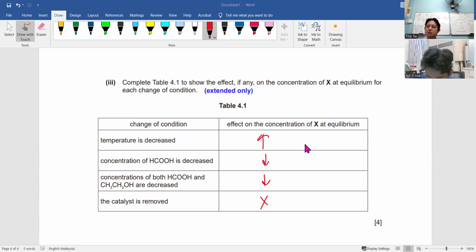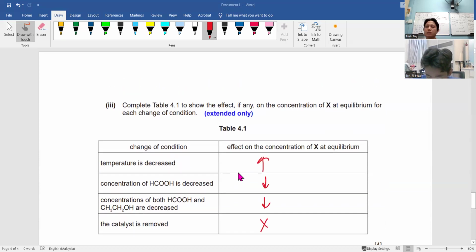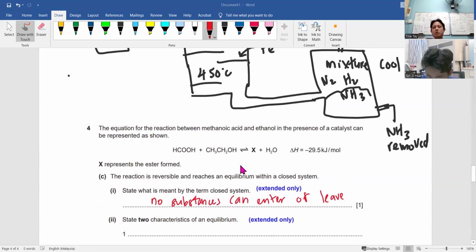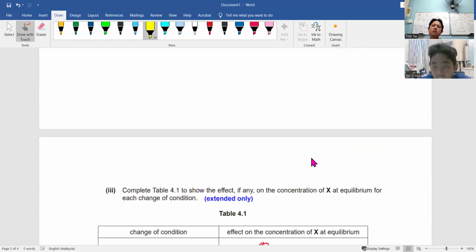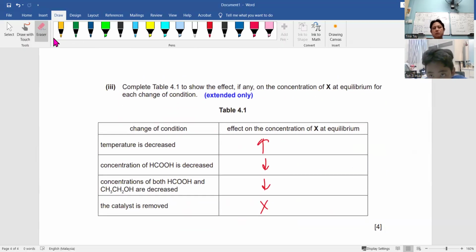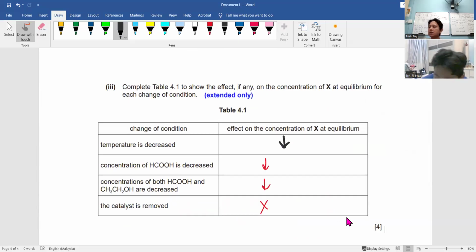This reaction is endothermic or exothermic? Exothermic. So if you increase the temperature, what will happen? It will go down. So your first answer is wrong.